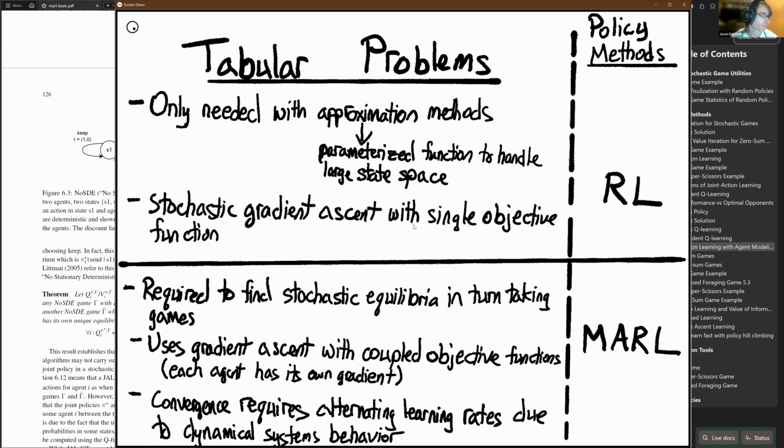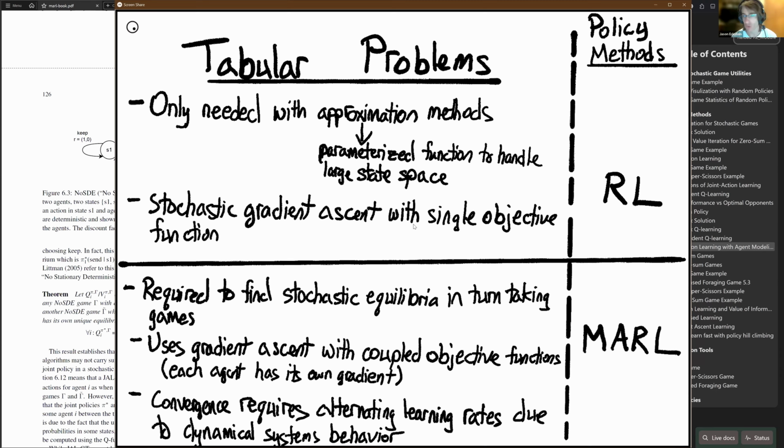Now, in multi-agent learning, this is a very different type of policy technique, because we're not using it with a parameterized policy function. We're using it in a tabular method where we have an exact policy that we're defining in every state of the problem. And we're going to use a gradient technique to change that policy, hopefully, until it reaches the actual Nash equilibrium for the problem.